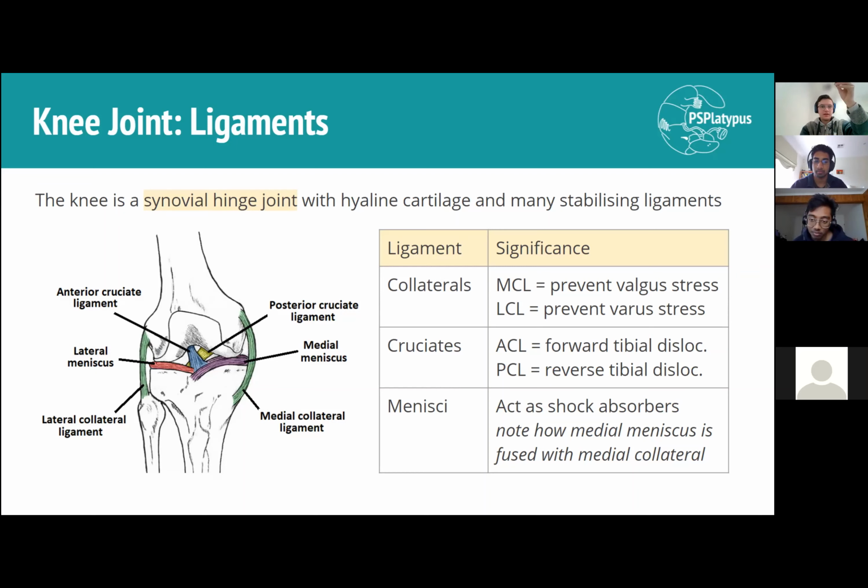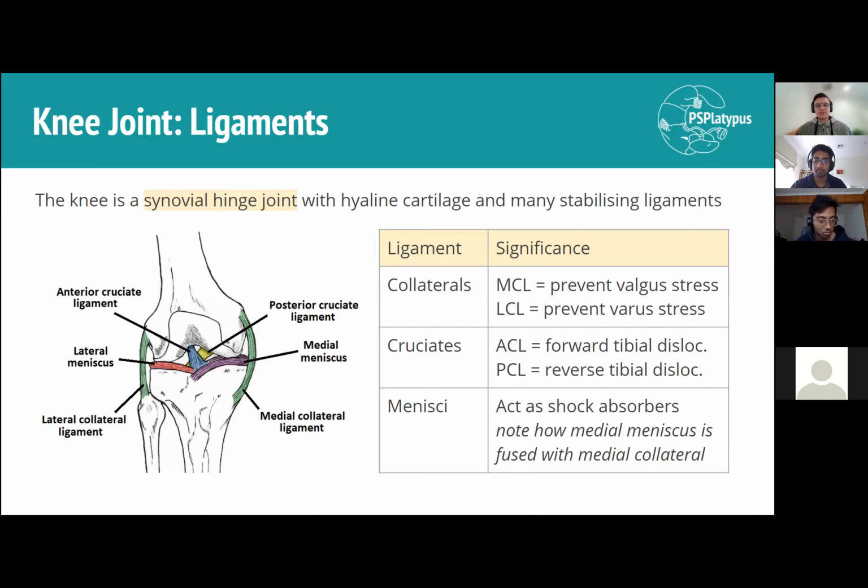This is your femur at the top, and this is your tibia at the bottom. If you have anything that causes bending like this, that's either a valgus or a varus stress on the knee. If the stress is going inwards, so it's pushing your knees in medially, then that's called a valgus stress. And if there's anything that's pushing your knees outwards, then that's called a varus stress.